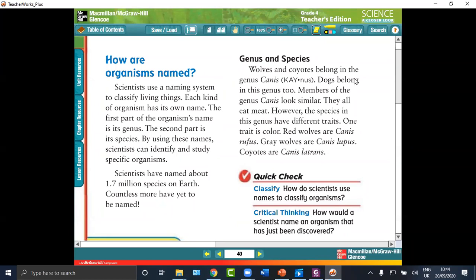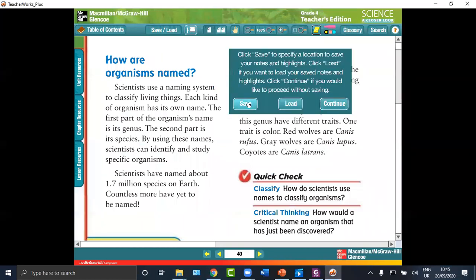We talk about this point and we explain. Now I need a student to read this passage. I will choose Amin. Amin, read the first passage, please. Scientists use a naming system to classify living things. Each kind of organism has its own name. The first part of the organism's name is its genus.